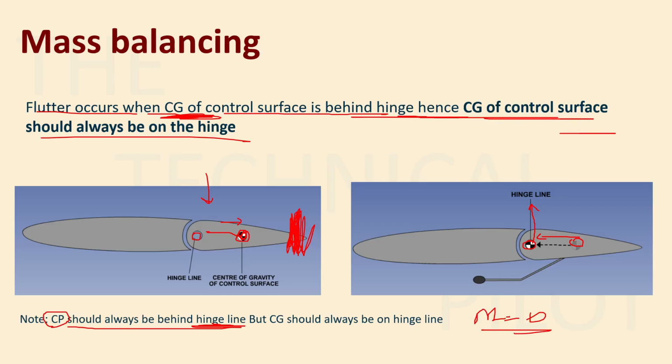Or if the CP moves ahead of the hinge line, you get a reverse feeling, right? That is center of pressure, which is different from CG. So CP should always be behind the hinge line, but CG should always be on the hinge line. Don't confuse it with this. And this is again very, very important for your exam.